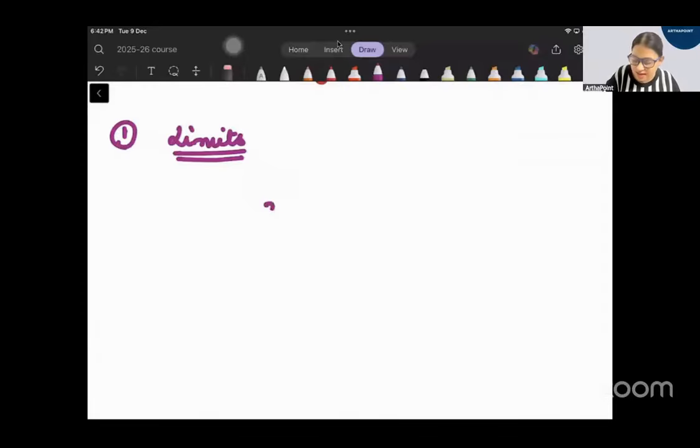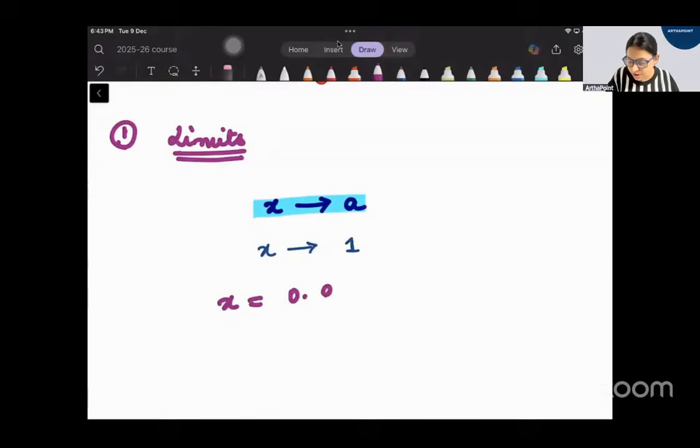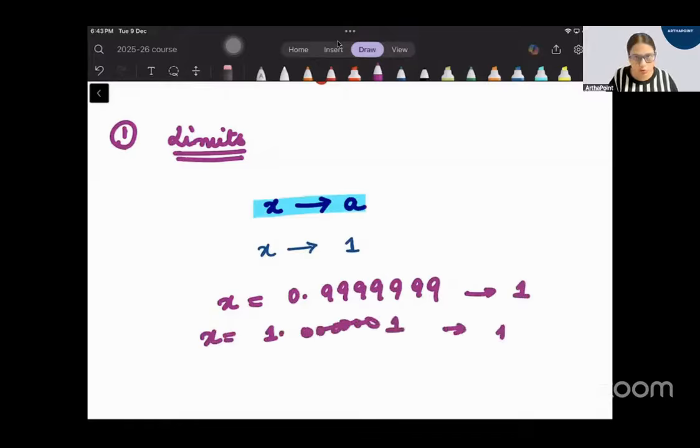So when I say that x approaches a, it means x is going very close to a. If I say x approaches 1, it means x is going very, very close to 1. So x can take the value 0.999999, which is very close to 1, or x can take the value 1.00000001, something like this, which is also very close to 1.